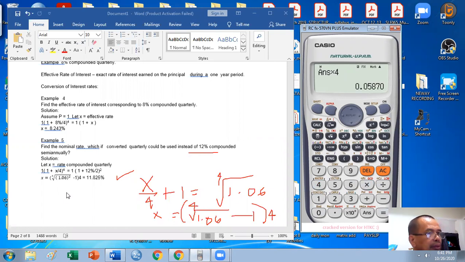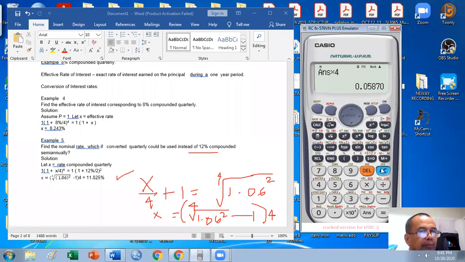Okay, that gives you this, I'm sorry, mali pala ako dito ha. It should be, may square pa pala to, no? Sorry, this should be squared pa. Naka-square pala yan, dalawang interest period. That's why this will be 1.06 squared. Kaya mali ako dito.